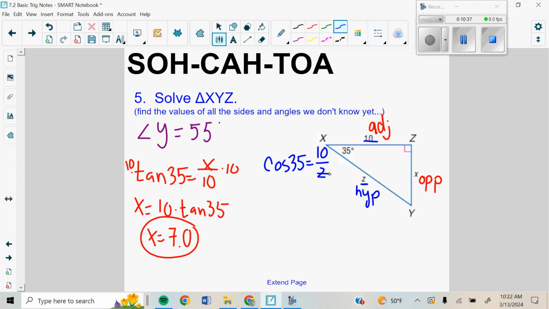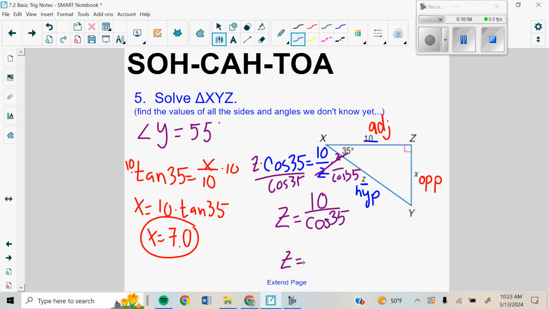And so we times by z on both sides. And then you have to divide by cosine of 35 because that's gone. So we're dividing by cosine of 35. Or you can just remember the shortcut that your variable and your trig function just flip spots. So go ahead and type that into your calculator. And if we do that, we end up with 12.2. So we found all three of our missing pieces.